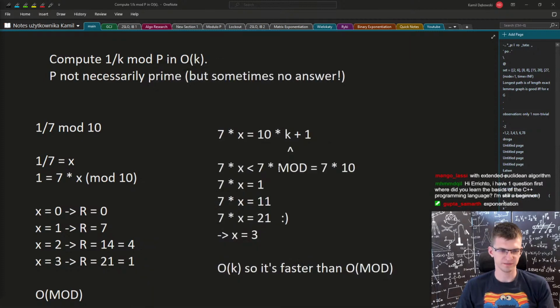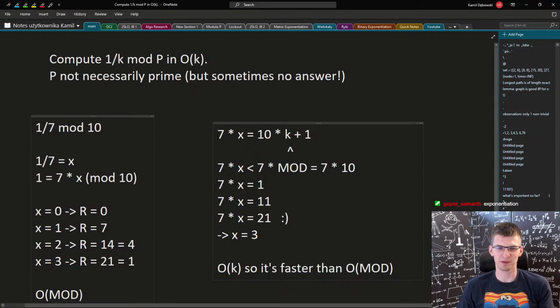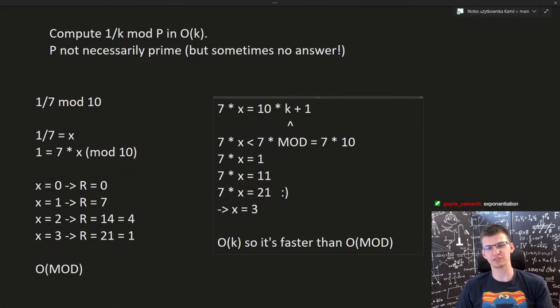Exponentiation. Okay. So with exponentiation we get log of modulo, with Euclidean we get log of k, and with this method we get O of k. This is very slow, but it's easy, I would say. Maybe not easy. It wasn't easy here to show it and to describe it, but I wasn't ready.